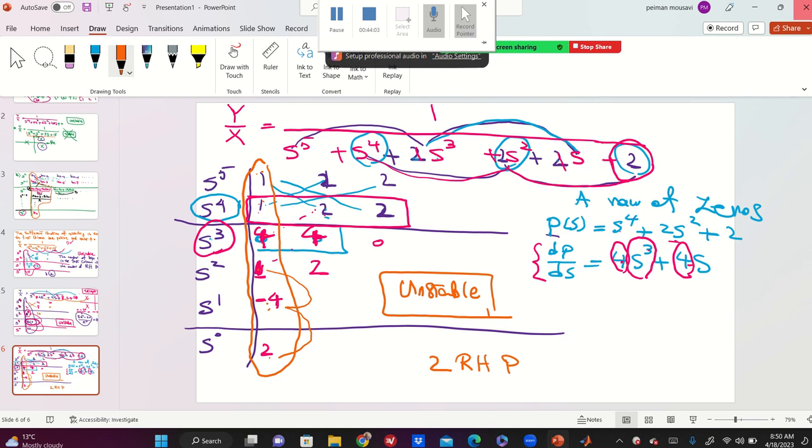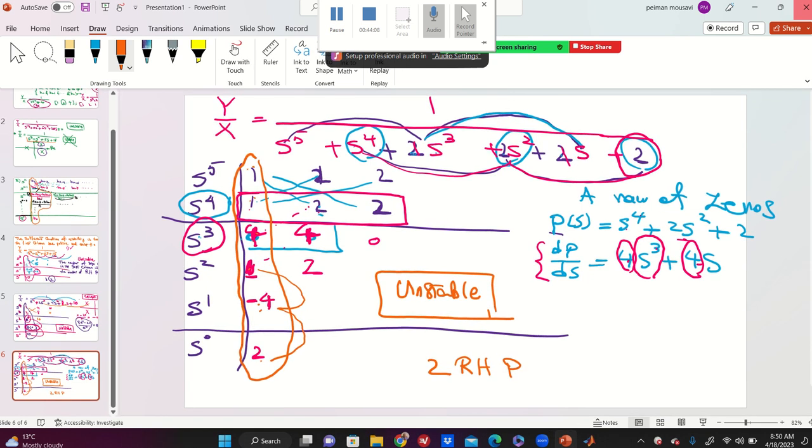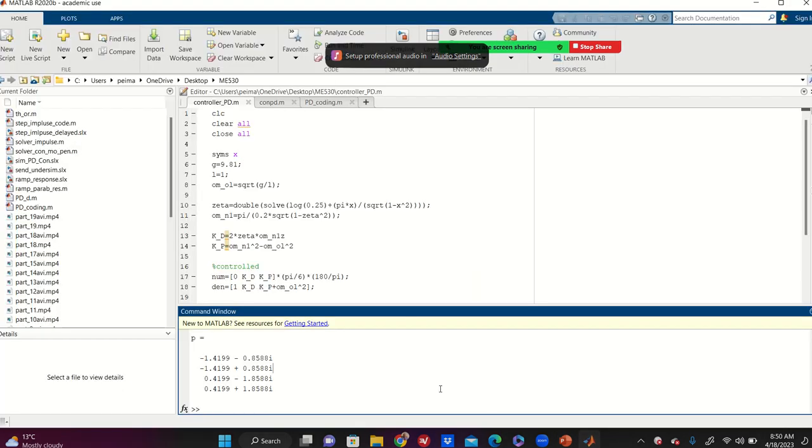The proof is MATLAB. Right? The proof is this: 1, 1, 2, 2, 2, 2.